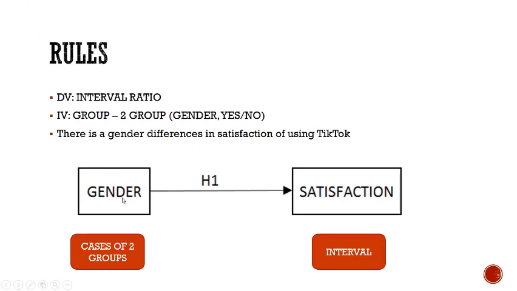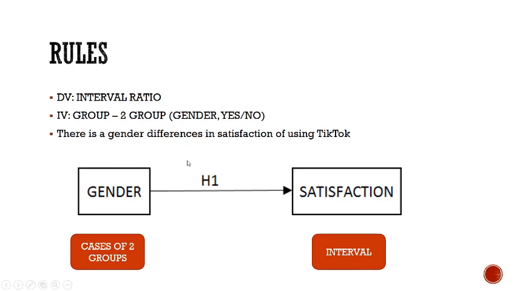But your IV has two groups, for example gender, male and female, or yes or no, or you like it, you don't like it. So for this study, I choose gender. Gender affecting satisfaction, so there's a hypothesis one here.